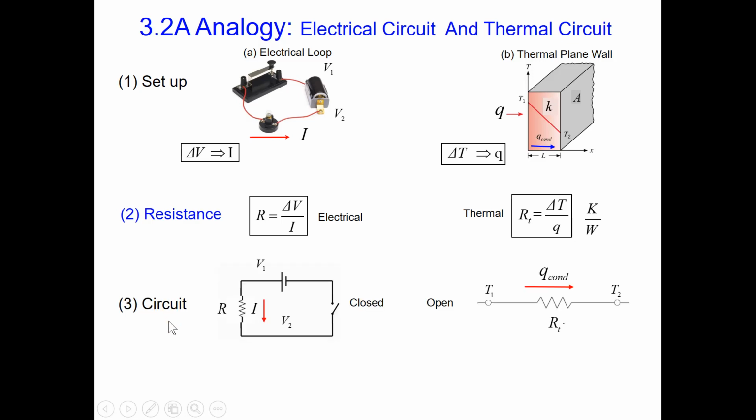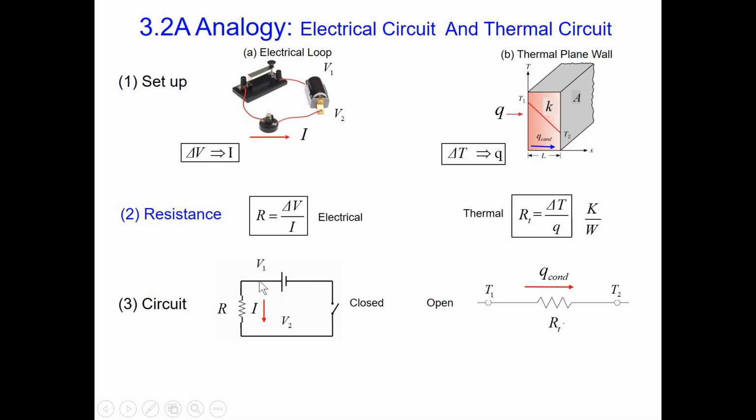Third, we can draw the thermal circuit. In the electrical closed loop, these symbols represent a switch, a battery, and a resistance.